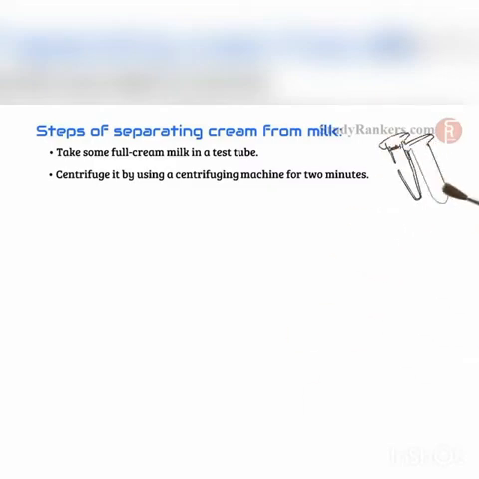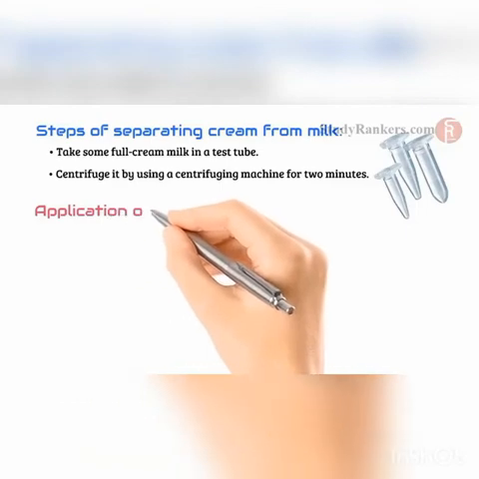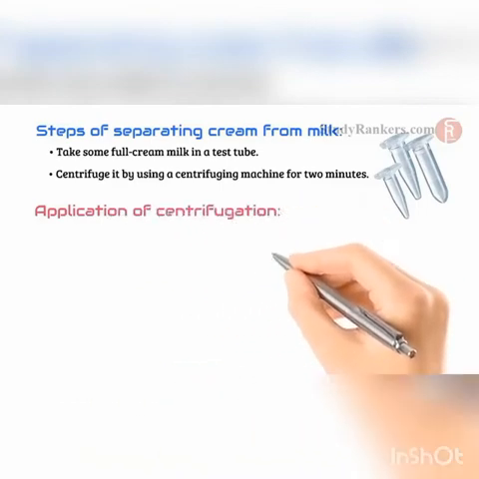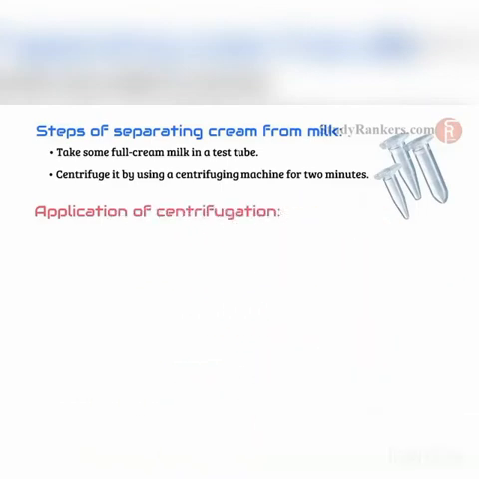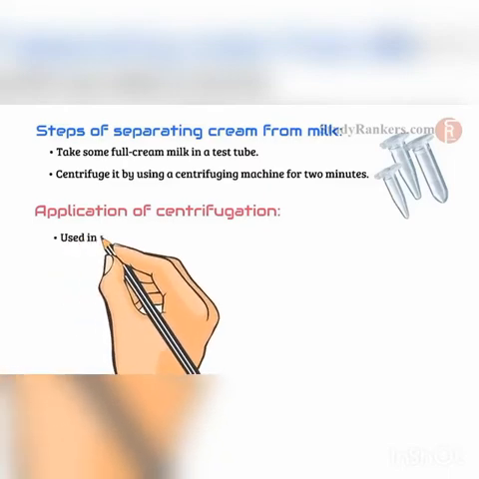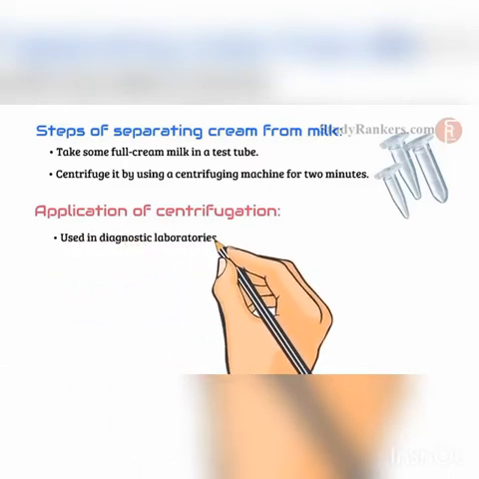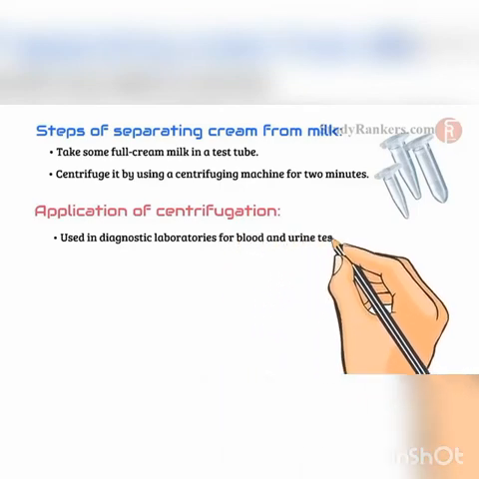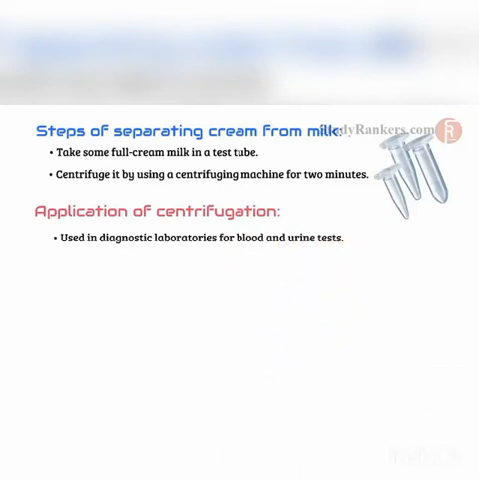What we will observe after that is that milk is settled at the bottom of the test tube and cream, being lighter than the liquid, is present at the top of the test tube. In this way, we separated the cream and milk by the process of centrifugation.